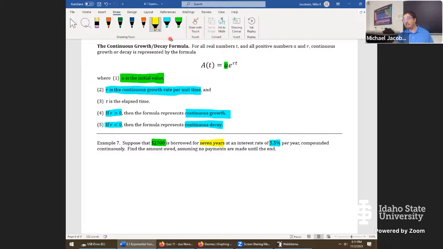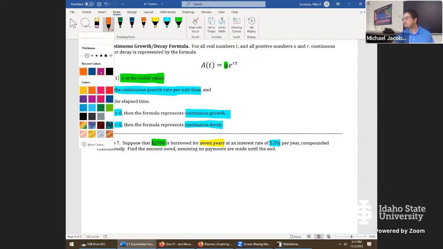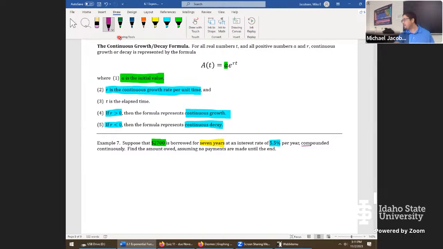We should highlight 7 years. We're going to have to throw that into the function. I would say the most important word is really right here: compounded continuously. When you see that word, whether you're in ALEKS or doing a quiz or doing an exam problem, this is what we're thinking about.